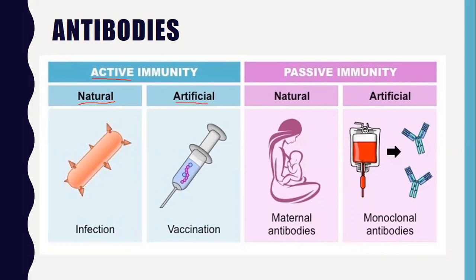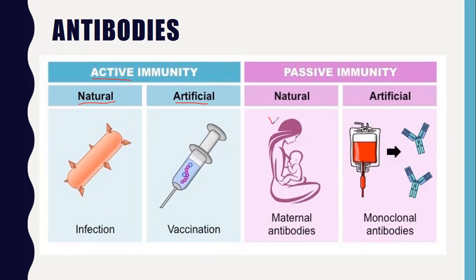Passive is generally temporary, and it is coming from a source outside of the body. Your body didn't form those antibodies, something else gave you those antibodies. That can also be natural or artificial. Natural is going to be mother to child.